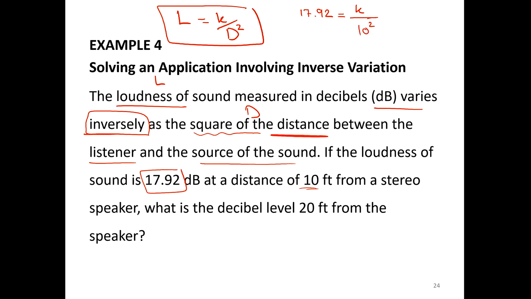So to find K, K equals 17.92 multiplied by 100, so we have 1792. This is the value of K. So L equals 1792 over D square. Okay, this is the formula.